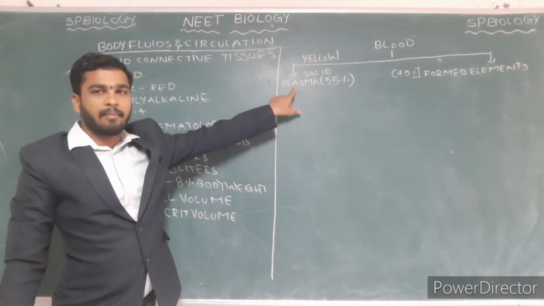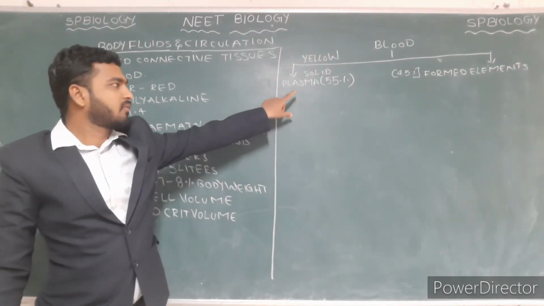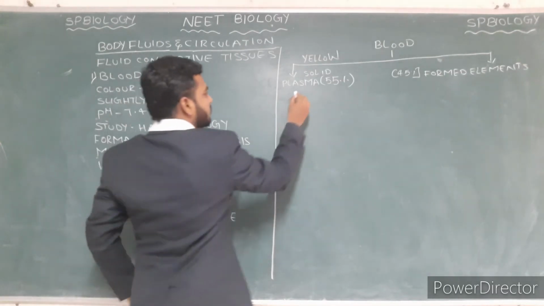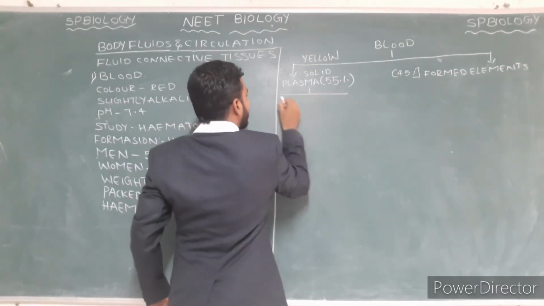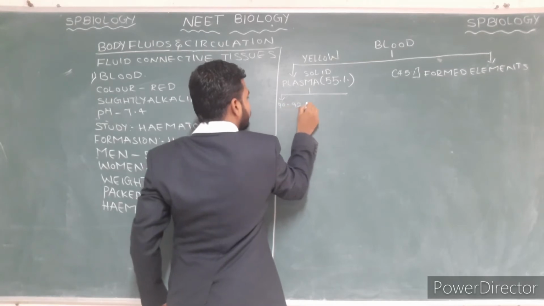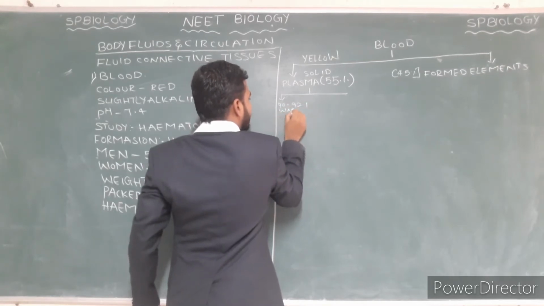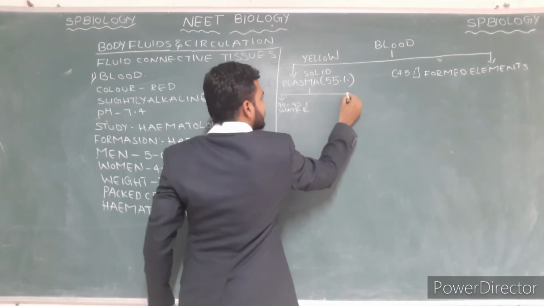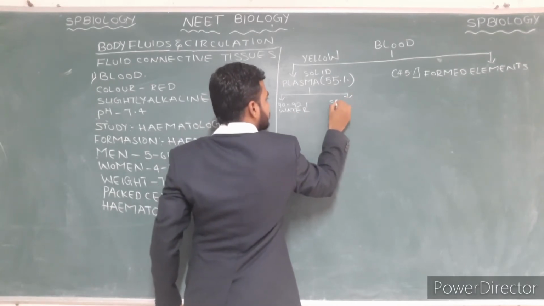Mainly, if we see plasma, which is 55%, in this 55% we can see 90 to 92% water and the remaining 8% are solutes.